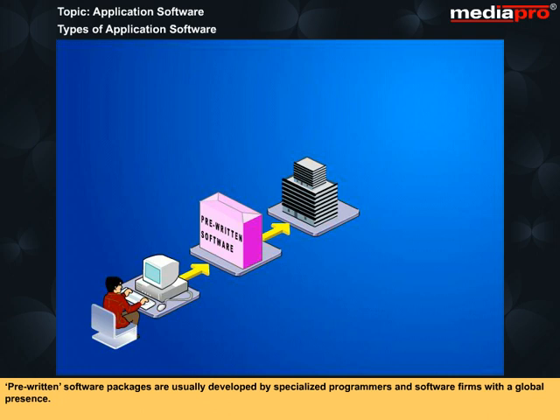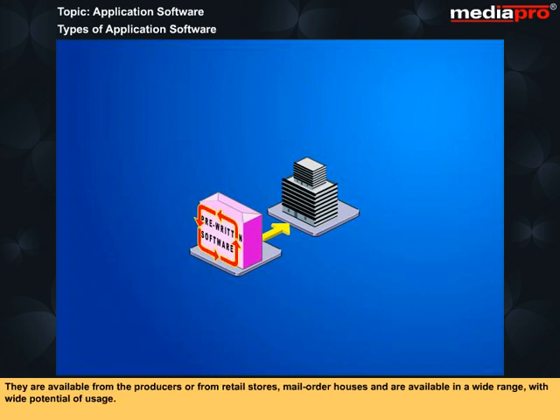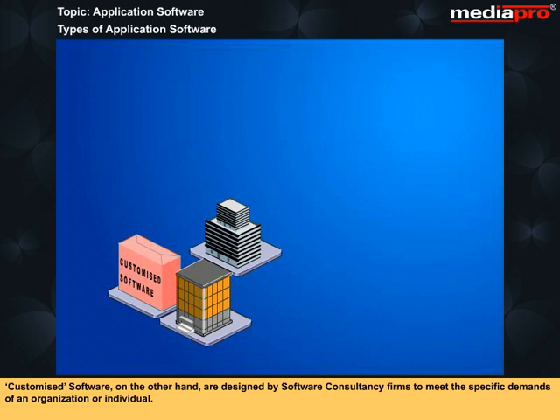Pre-written software packages are usually developed by specialized programmers and software firms with a global presence. They are available from the producers or from retail stores, mail order houses, and are available in a wide range with wide potential of usage. Customized software, on the other hand, are designed by software consultancy firms to meet the specific demands of an organization or individual.